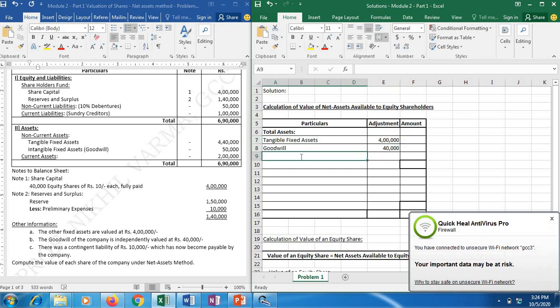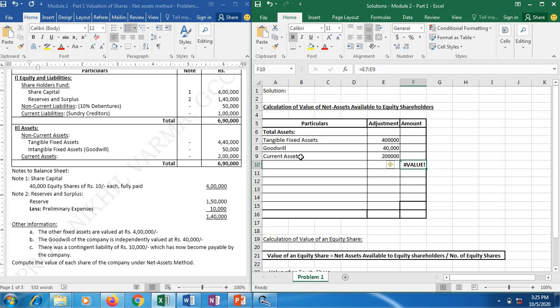And we also have current assets. There is no information given about current assets in the adjustments, so we'll have to take book values, which is 2 lakh. Let us do the total here. 6,40,000 is what we have got.